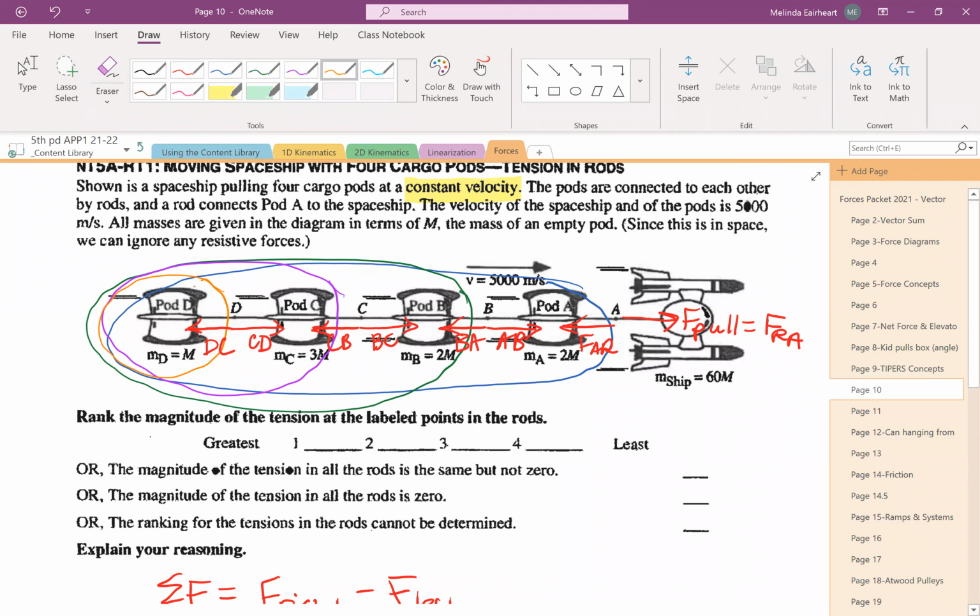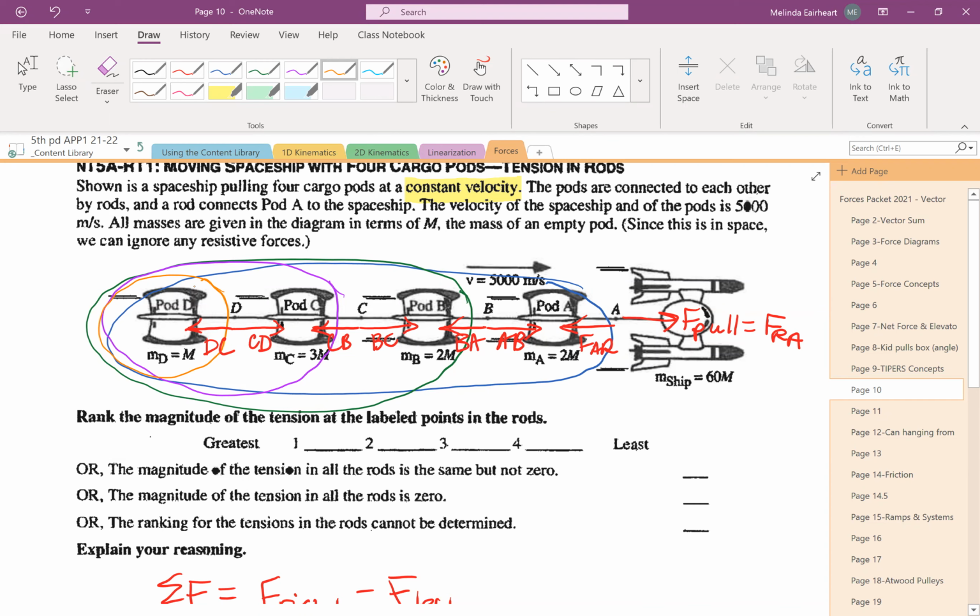Use your gut here. The ship's pulling all of them, right? Rod D is really just supporting pod D. If we cut the rod on D, then only pod D would leave the system.